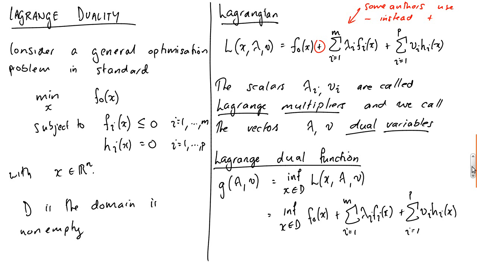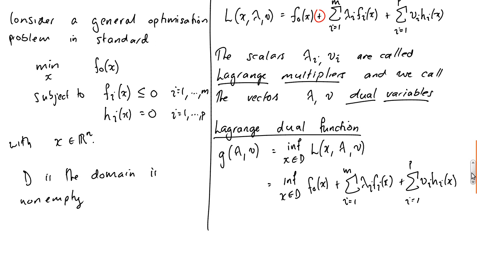Okay, a couple of notes we should make about this. If we're minimizing this thing over x, it's entirely possible that we could make our Lagrange dual function arbitrarily small, or arbitrarily negative, should I say.